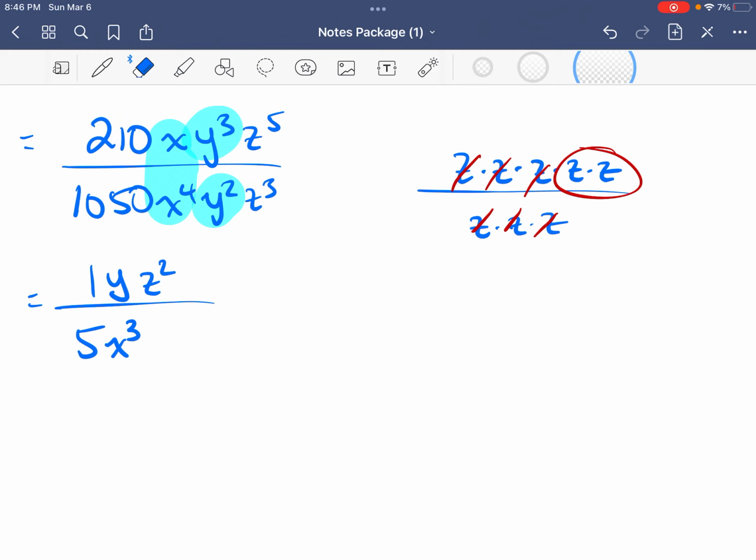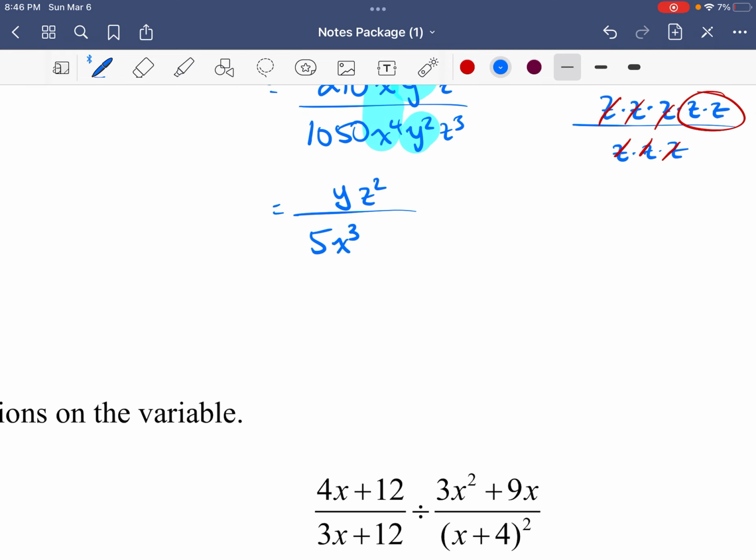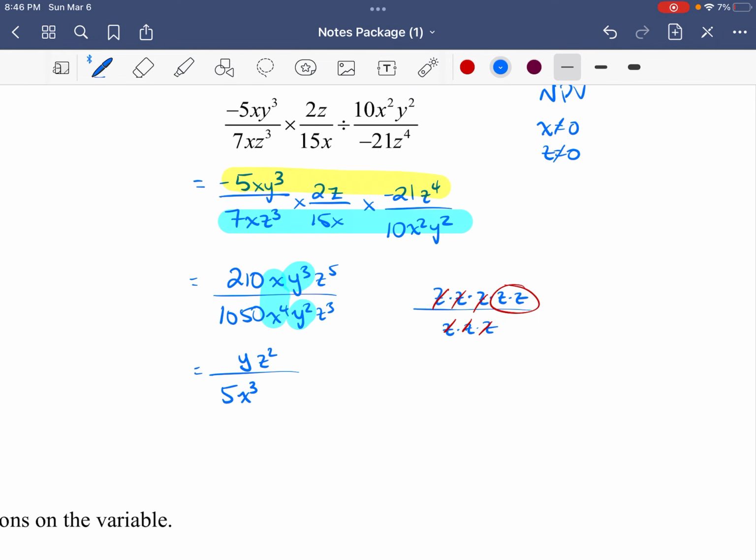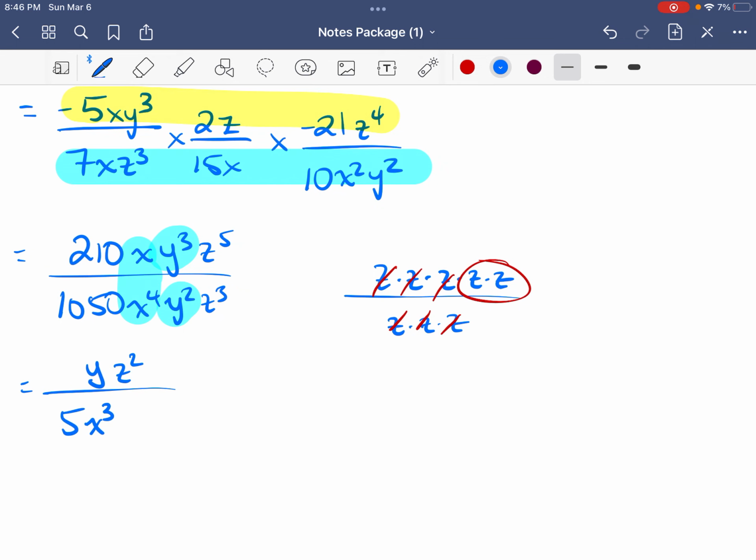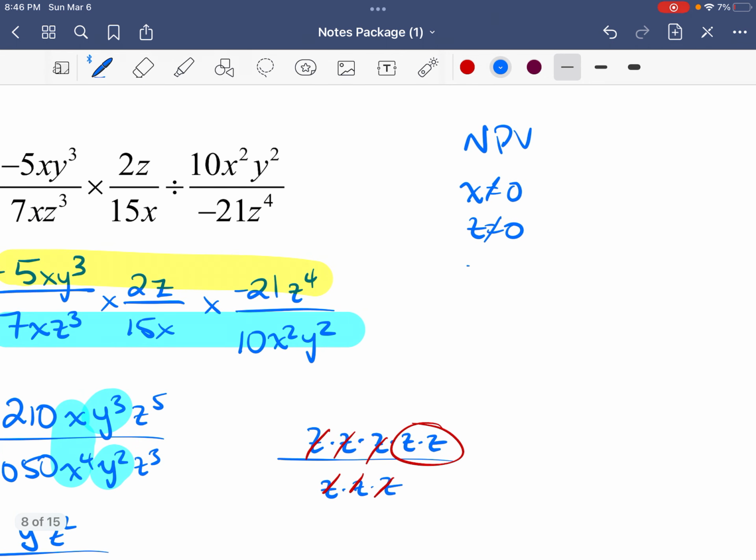Now, one thing to note, you do not have to leave a 1 here. Let's update our restrictions. We ended up with a y in the denominator, so we need to add y cannot equal 0.